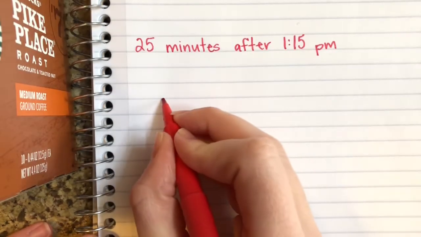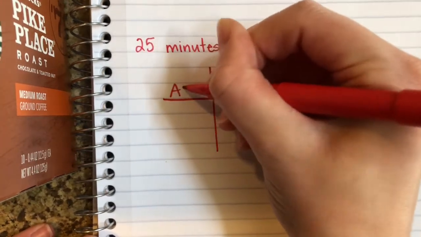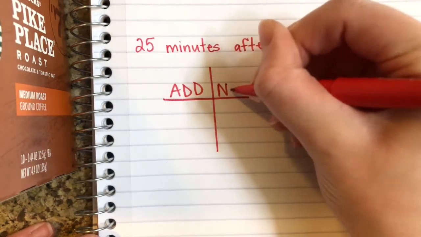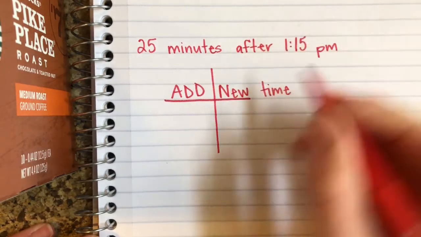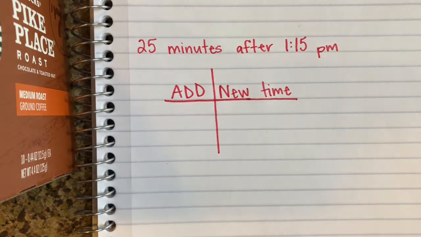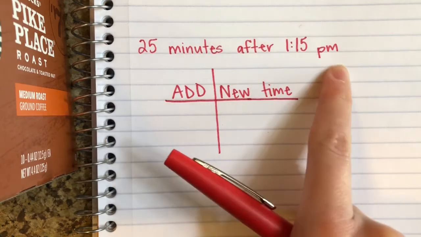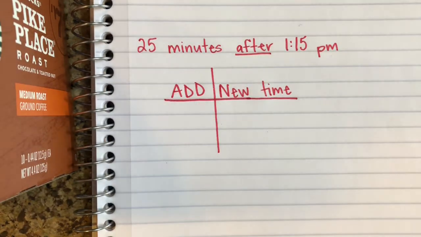So we're setting it up just the same as usual with our T-chart. Have our add and then our new time. So if we look at our problem, it's 25 minutes after 1:15 p.m. When we see after, we know we are moving forward.